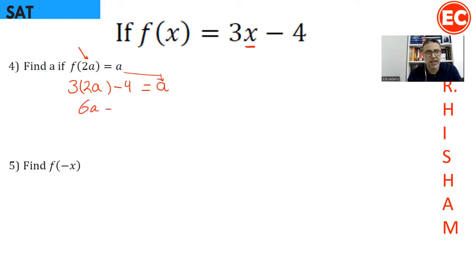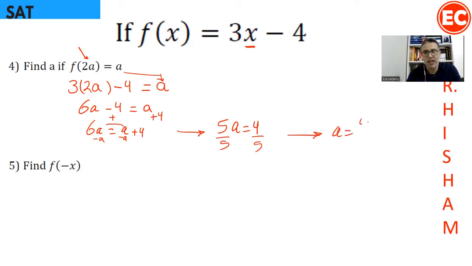So 6a minus 4 is equal to a. By adding 4 to both sides, 6a is equal to a plus 4. And moving a to the other side, or subtracting from both sides, 5a is equal to 4. Dividing both sides by 5, a is equal to 4 over 5.